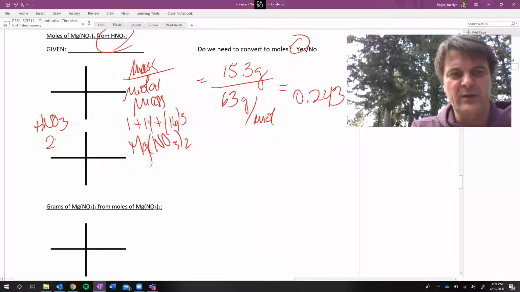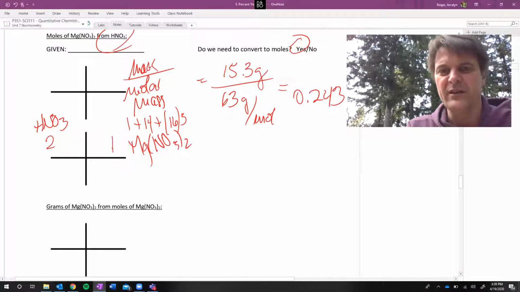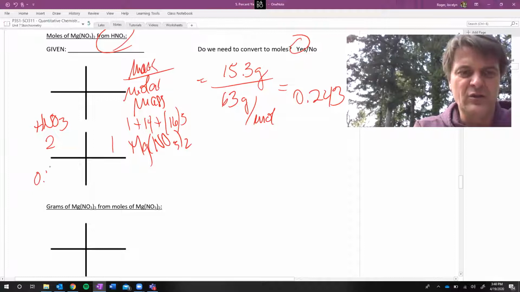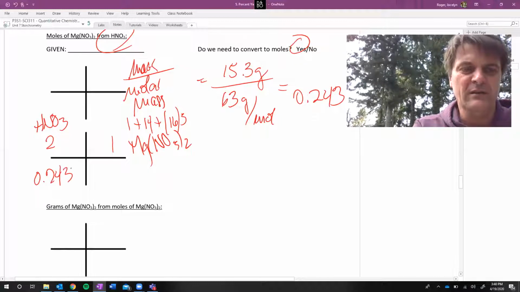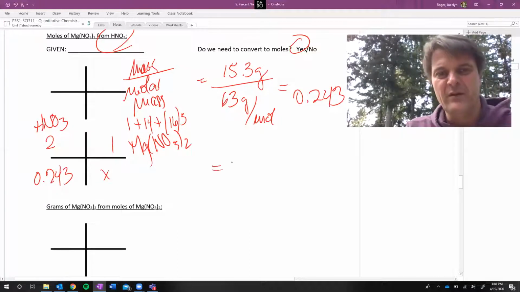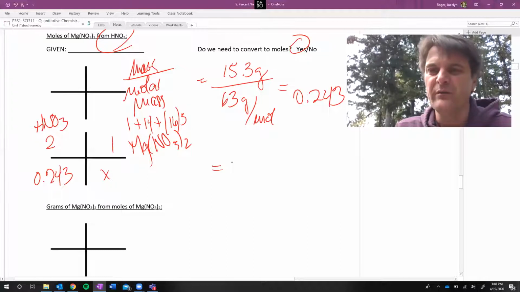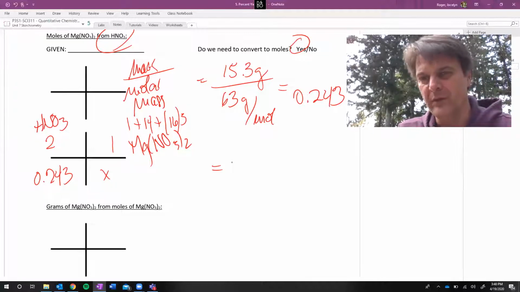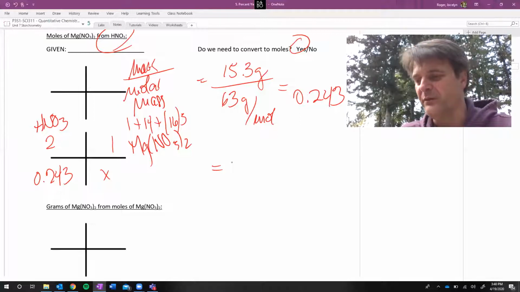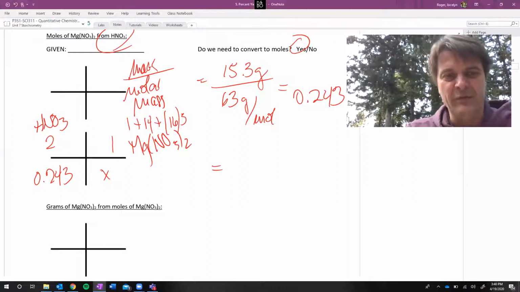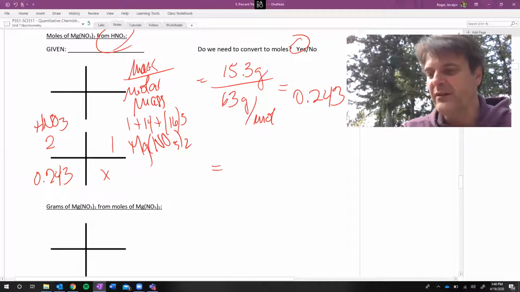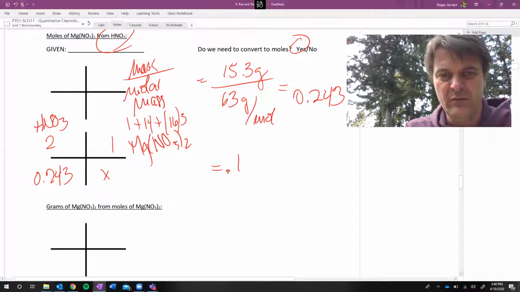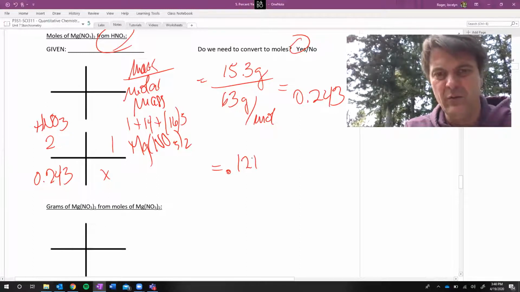So 2 nitric acid, 1 magnesium nitrate, 0.243, and X. We see here that our mole ratio is 2 to 1. We start with 2, we get 1. So we get half of what we started with. Which means that if we cross multiply and solve for X, it's going to be half of 0.243, so 0.121.